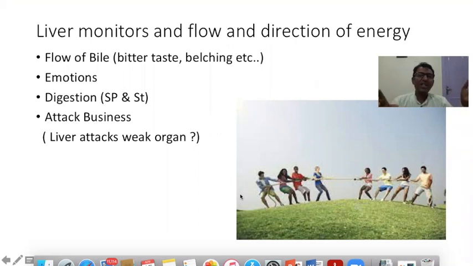It is basically the liver is putting more power on that particular organ, and that organ is not able to perform its own function properly, because there is too much external pressure from the liver. Okay, so this is the attacking business.